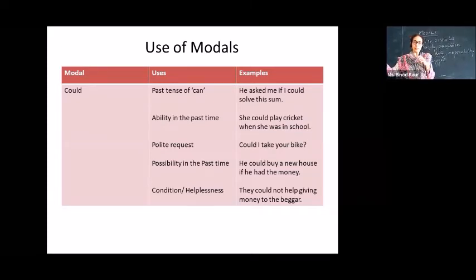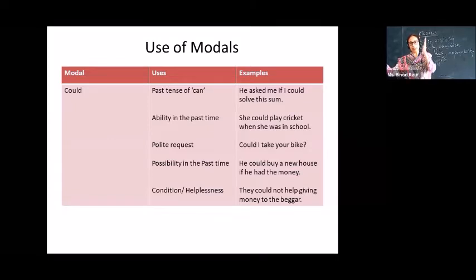Now you can say, ma'am, you said it is the past tense of can, but what is the confusion? It can be used in present tense when you are making a request, and can is not that polite while you make a request. Could is polite.